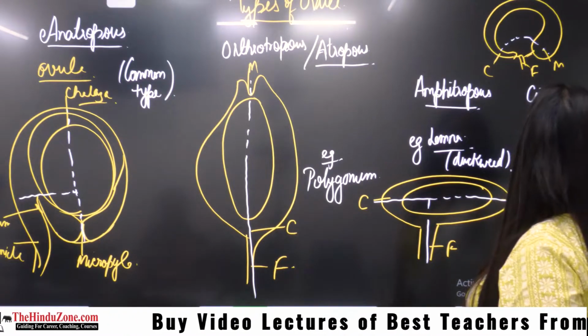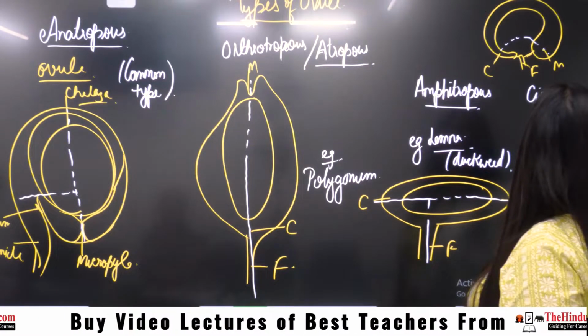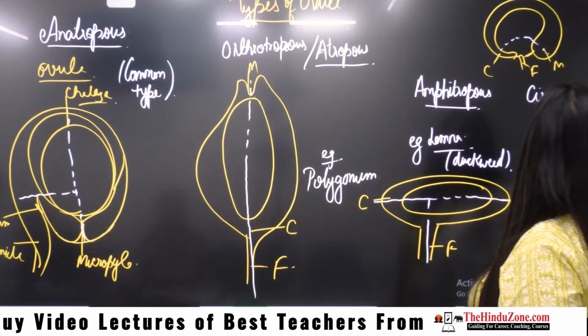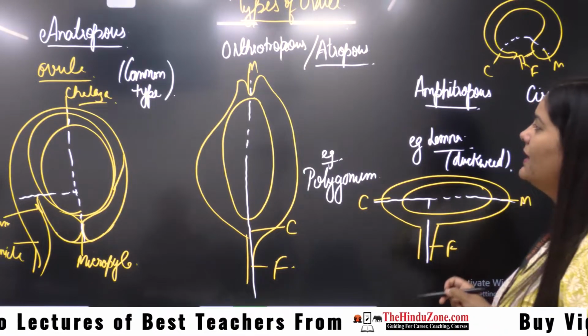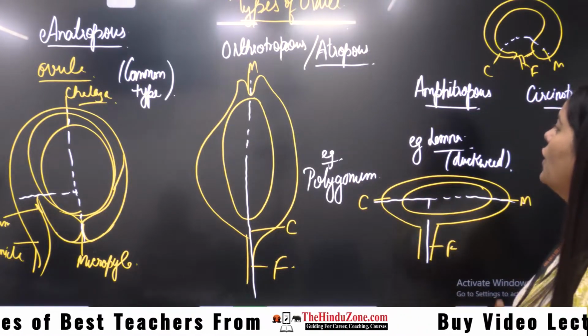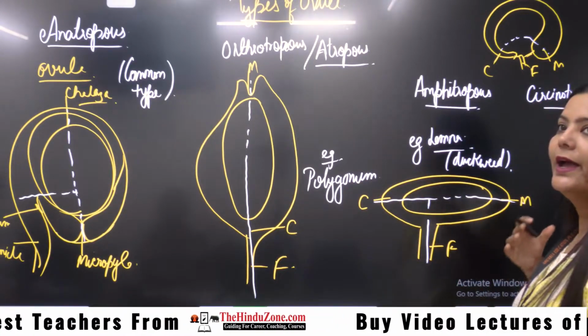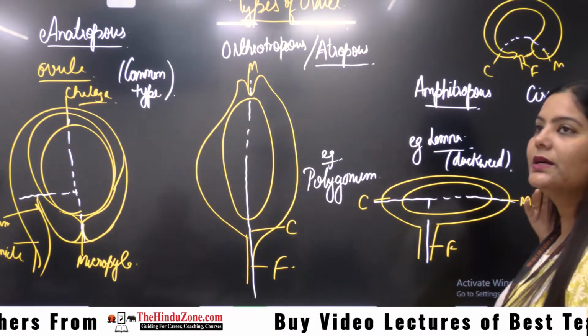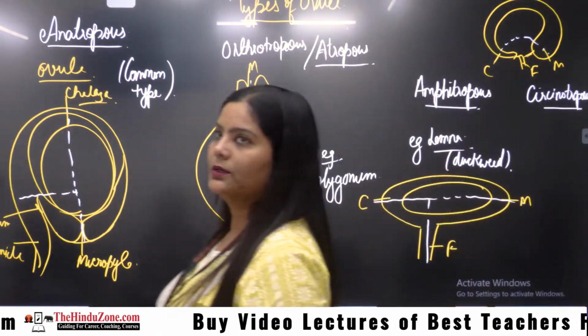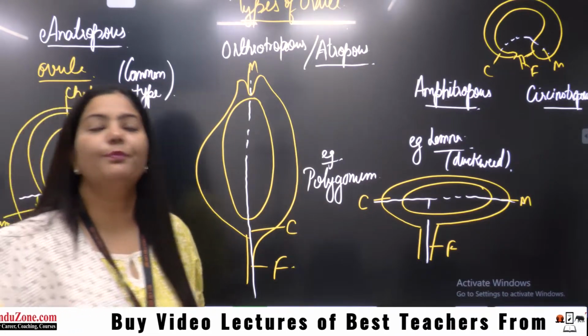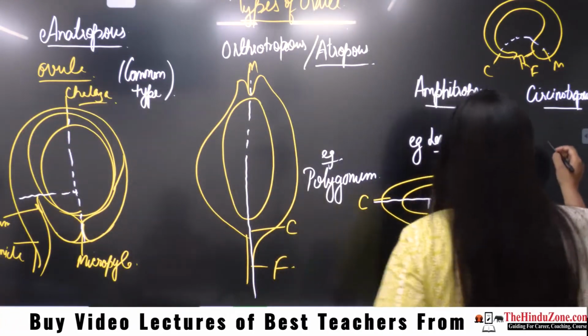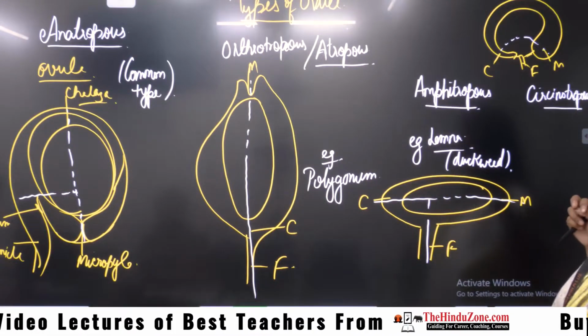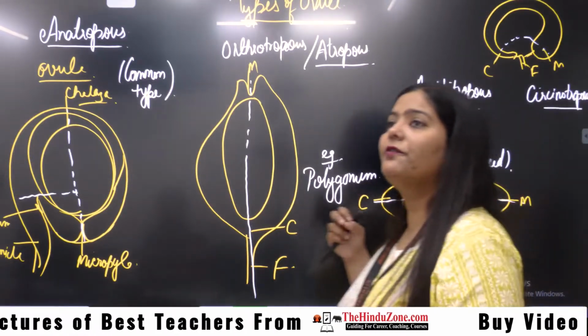Sarcinotropous. What all did you study? Anatropous, Orthotropous, Amphitropous, Sarcinotropous. Okay? Example, it is mostly seen in the Crucifery family.